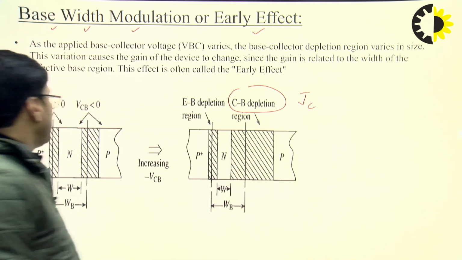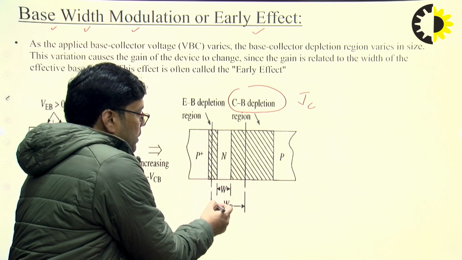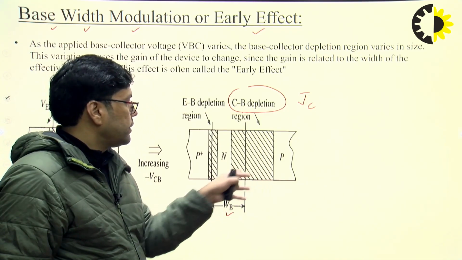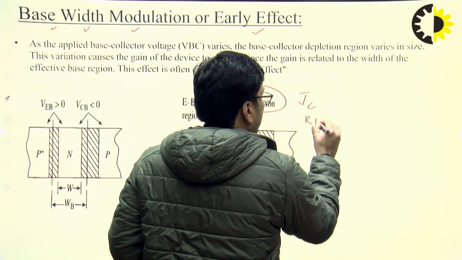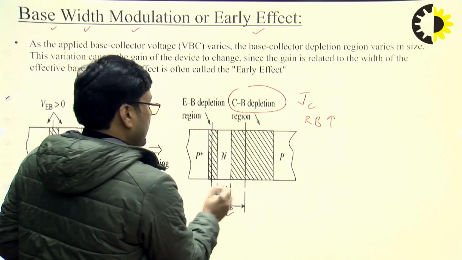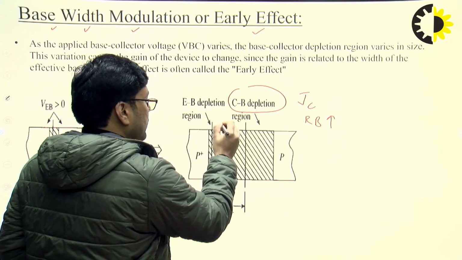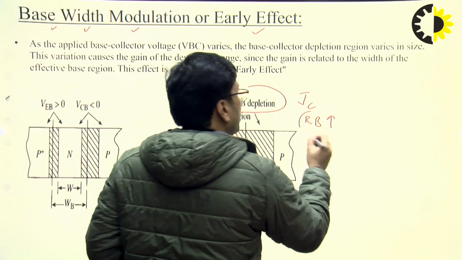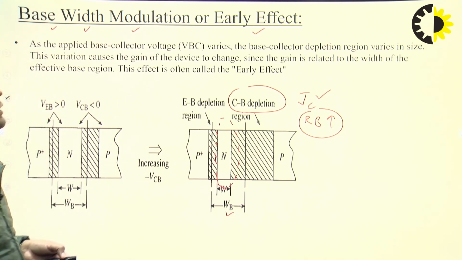At a certain limit, this base width, as you can see, previously represented by WB, is getting reduced as you increase the JC reverse bias voltage. So you can modulate this base width by changing the value of the reverse bias voltage at the collector base junction. This effect is known as the early effect.